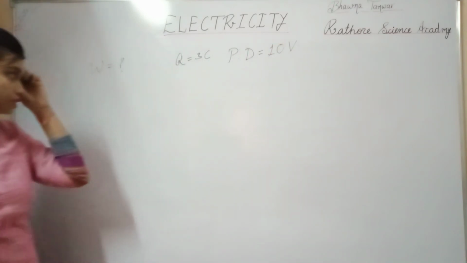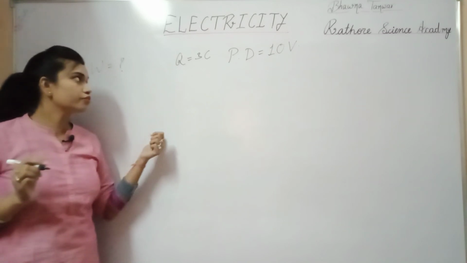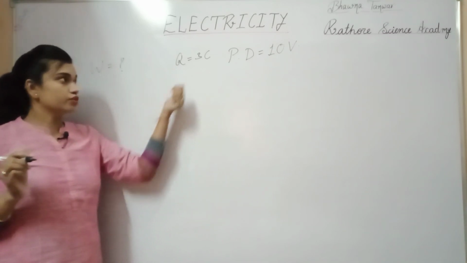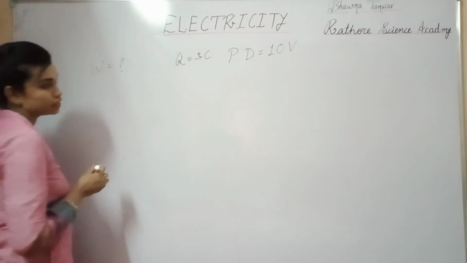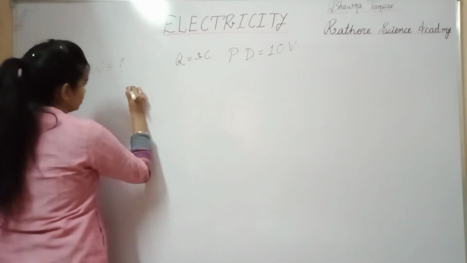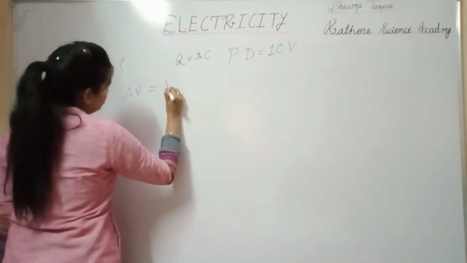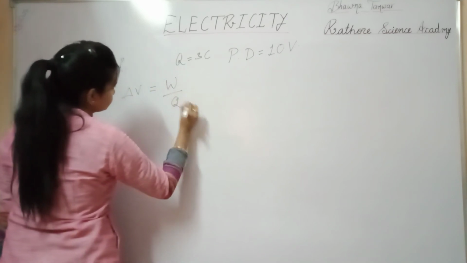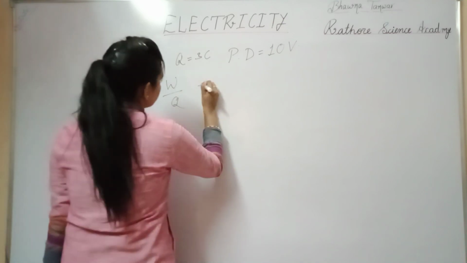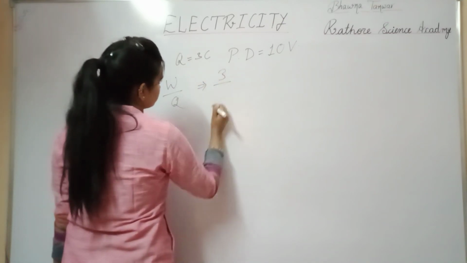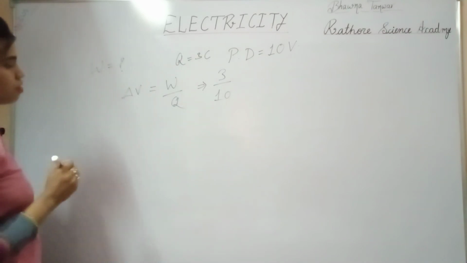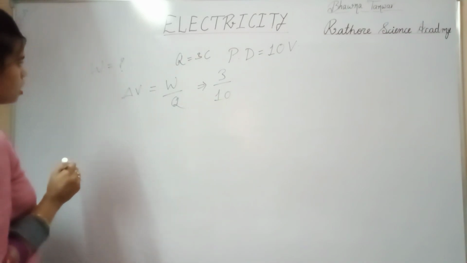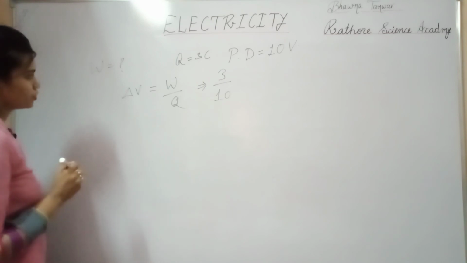Find out the work done from one point to another point to bring that 3 coulomb charge when the potential difference is 10 volt. Solve it out, you know the formula. Potential difference delta V is equal to W by Q. Q is given, 3 coulomb.